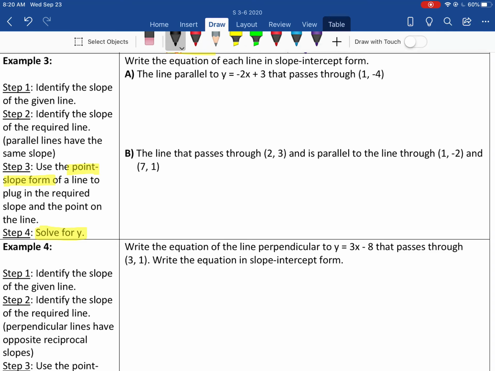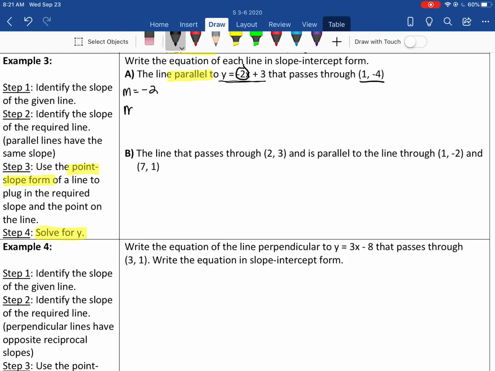Okay, so this is going to help you with last night's homework or the night before's homework in order to solve for your y. So first thing we need to do is identify the slope of our given line. So it says we want to find a line parallel to this equation, y equals negative 2x plus 3, that passes through the point 1, 4.